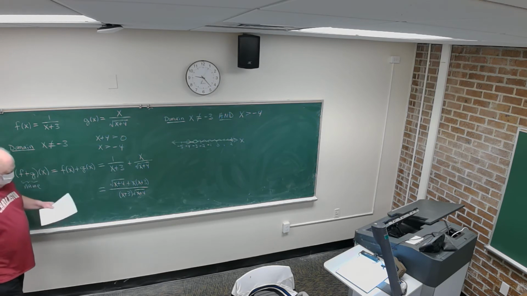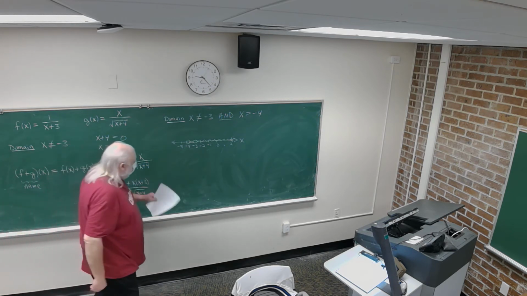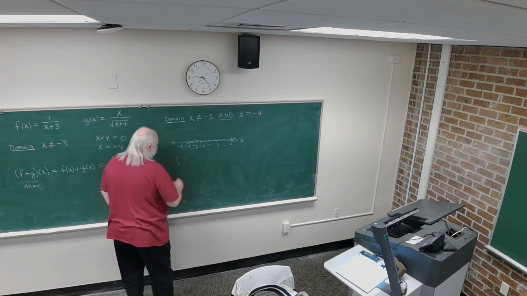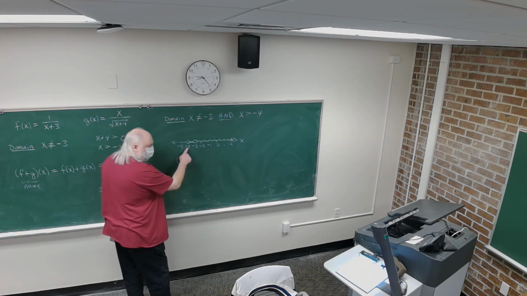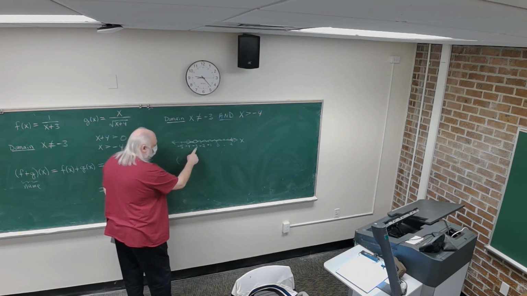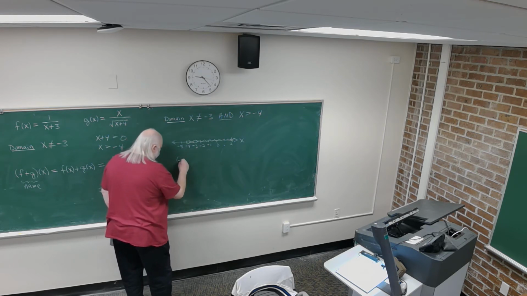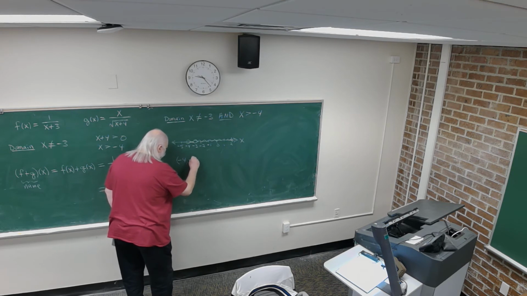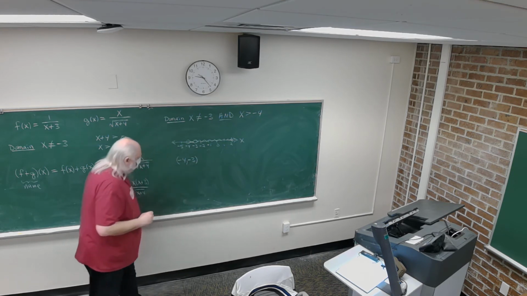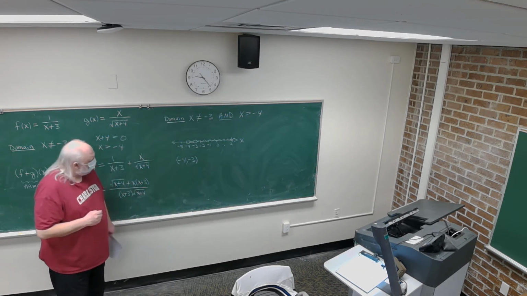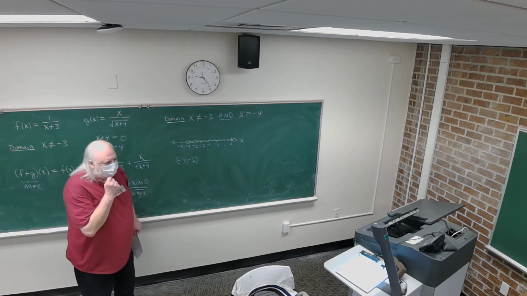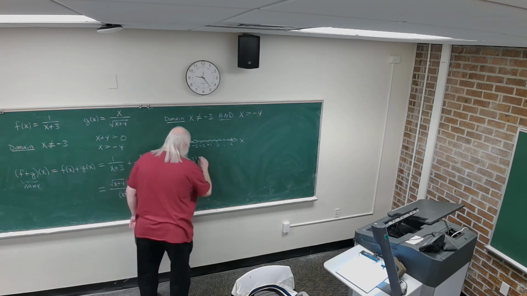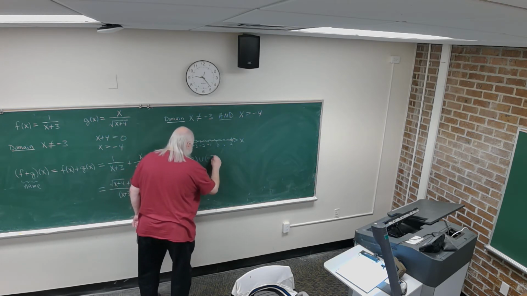So in interval notation, the domain is all real numbers greater than minus 4 and less than minus 3. We write that as parentheses, minus 4, comma, minus 3, parentheses. And then we join to that all real numbers greater than minus 3, the union, parentheses, minus 3 to infinity.